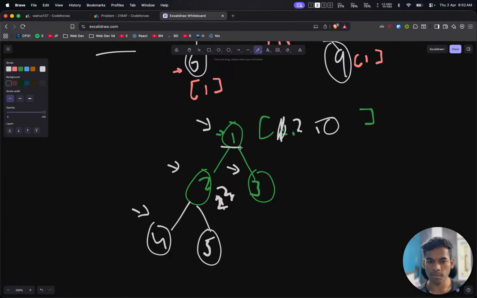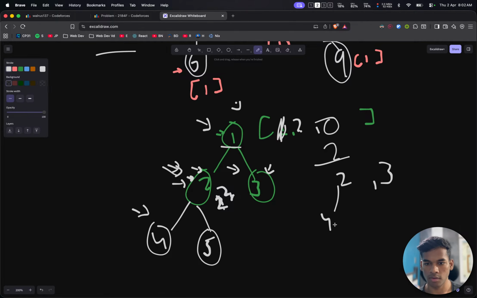This node, node number 1, has 2 children, 2 and 3. And if node 2 has 2 more children, then of the number of children that 1 had originally, which is 2, we were to split one of those, which is 2, into 4 and 5. Now, the total number of leaf nodes is 3.